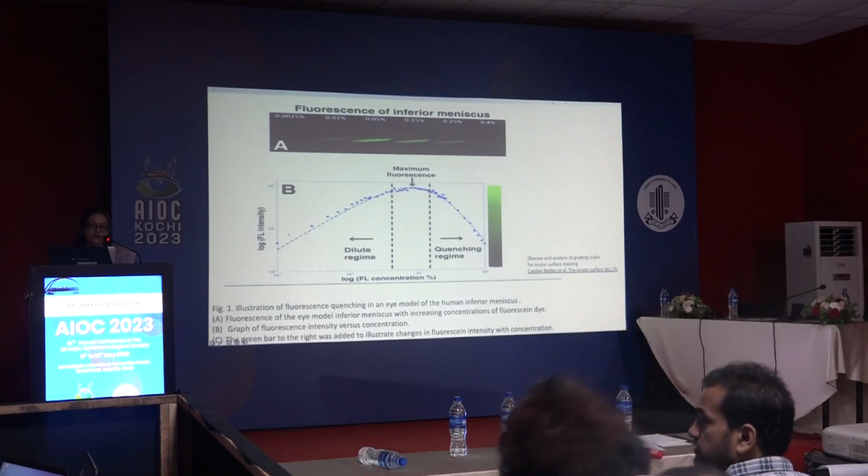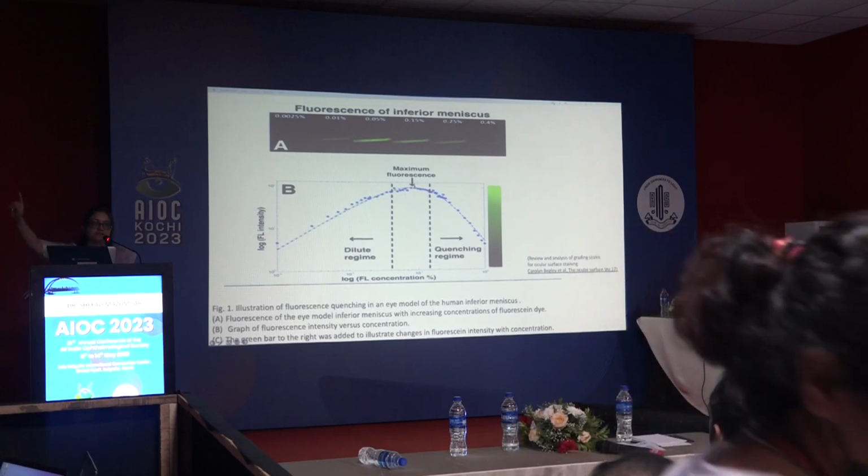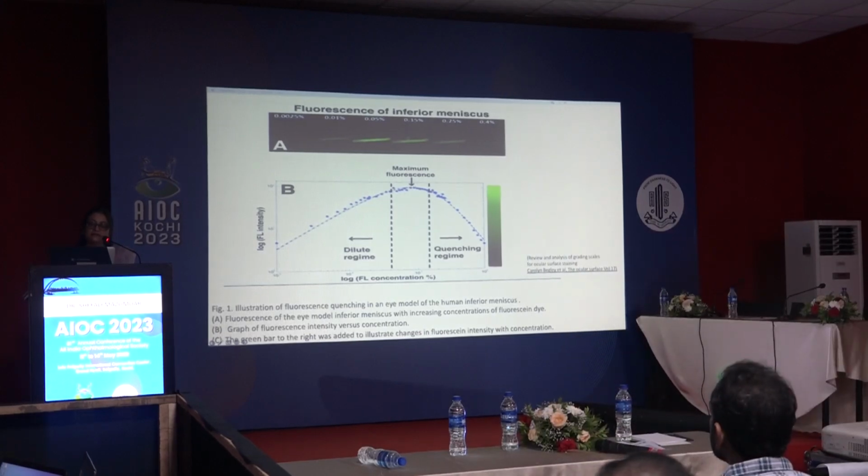If we increase the concentration of dye up to a certain concentration, fluorescence increases, and at this concentration, 0.15%, we get maximum fluorescence. But after this, if you increase the concentration of dye, fluorescence decreases.